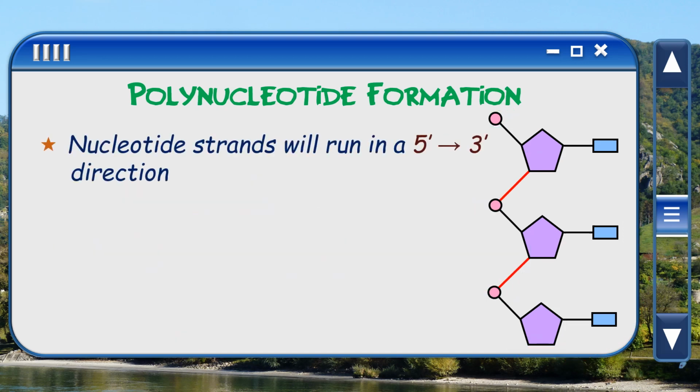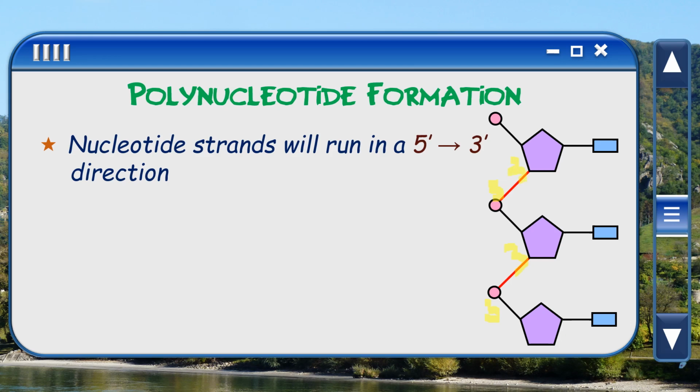The nucleotide strand will run in a 5' to 3' direction. So this is 5 here, and this one is a 3. Where we have a phosphate is a 5, and where we have a sugar is a 3.